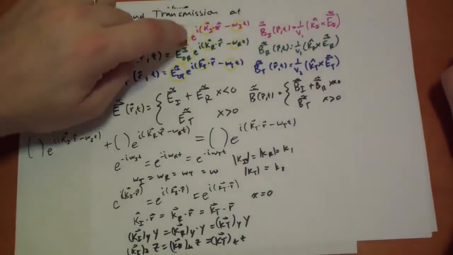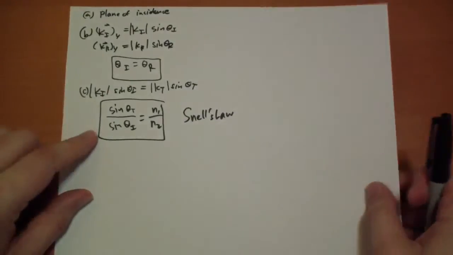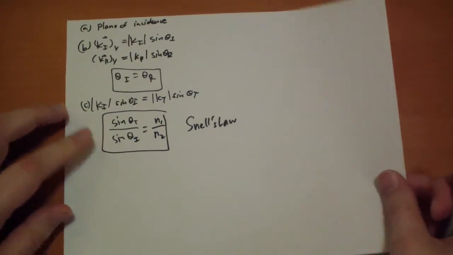All right, now to calculate the E naughts. This is actually quite easy. I'm going to start a new page here, even though I probably shouldn't, to save trees, but oh well. The first boundary condition says that the D fields have to equal in the perpendicular component.